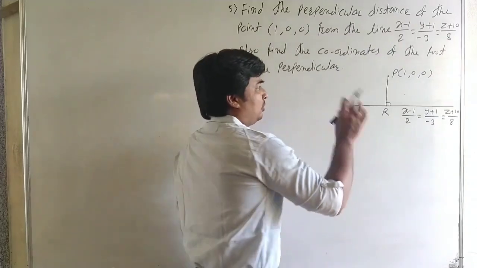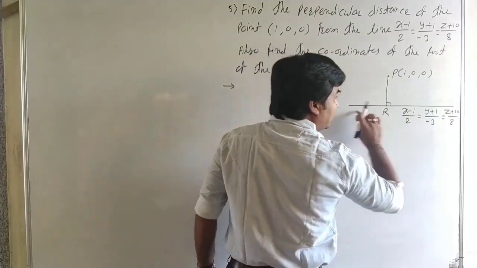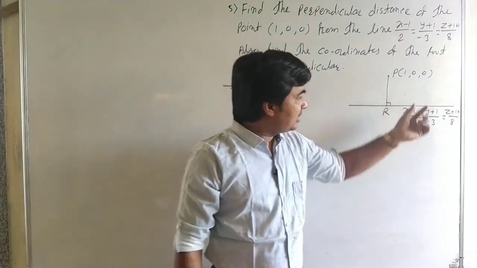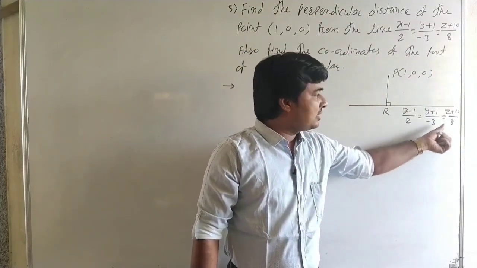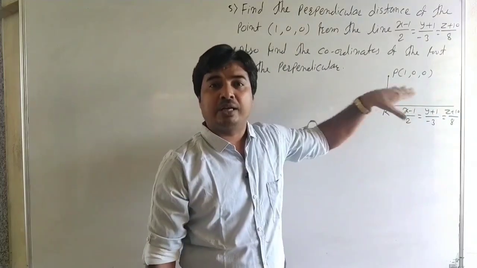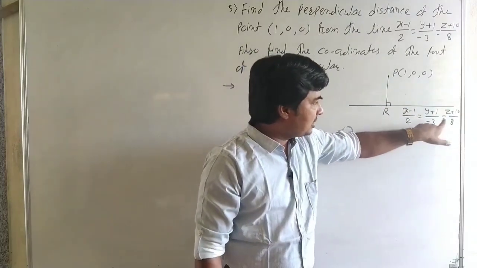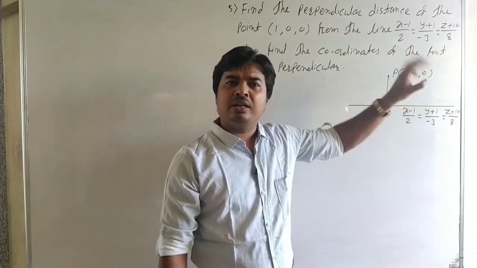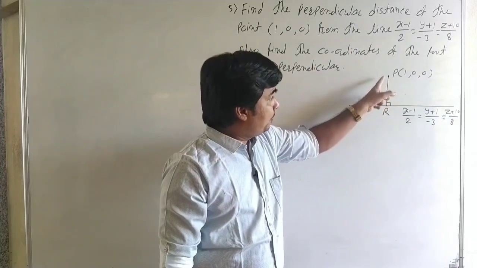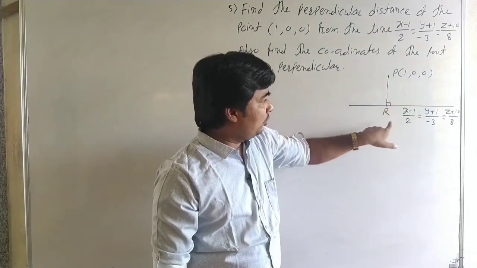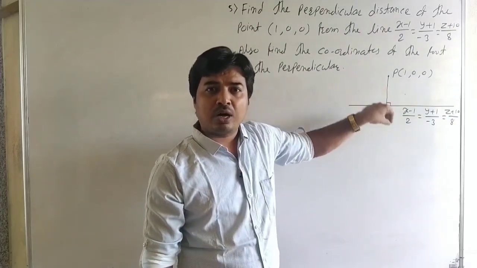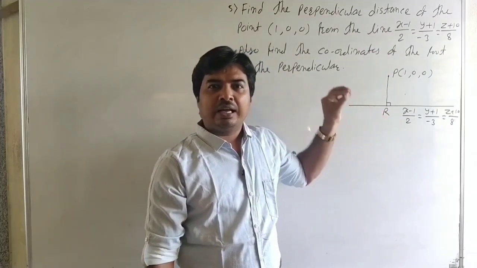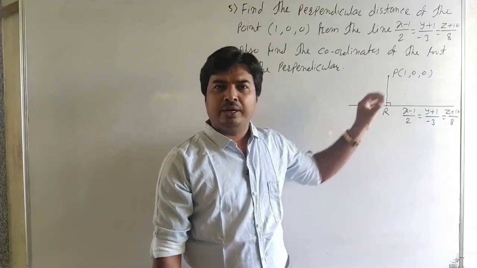Now PR and this line are perpendicular to each other. The equation of the line gives 2, minus 3 and 8 as the direction ratios of that line, that is A1, B1 and C1. When we know the coordinates of R, we find the direction ratios of PR, suppose A2, B2 and C2.